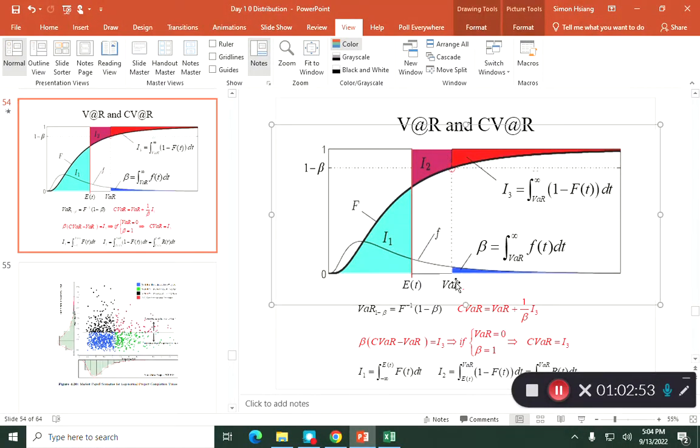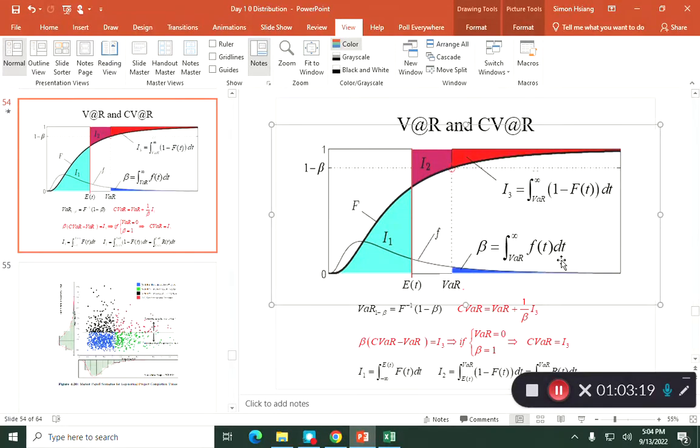But would you agree with me? If I have a mountain and I make a cut called VaR, it will generate a blue region. That blue region is my tail value, or we call it beta value. And beta value equals what? From VaR integrate to infinity of my PDF.